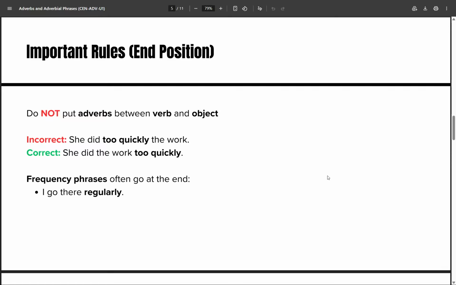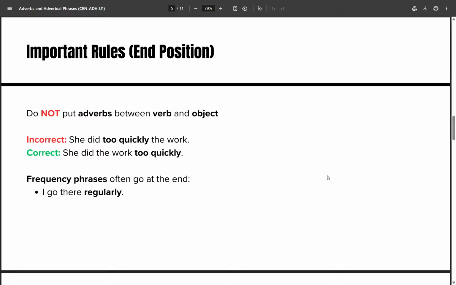We have some important rules for the end position. It says do not put adverbs between verb and object. It is incorrect to say she did too quickly the work. But it's correct to say she did the work too quickly.